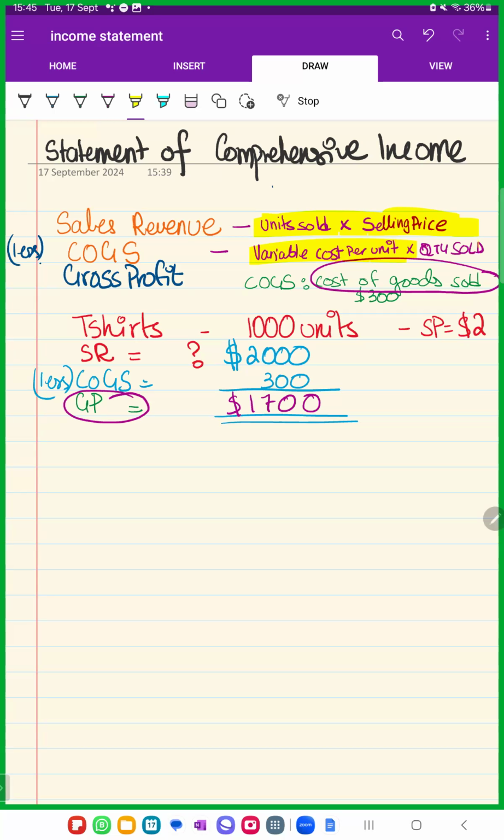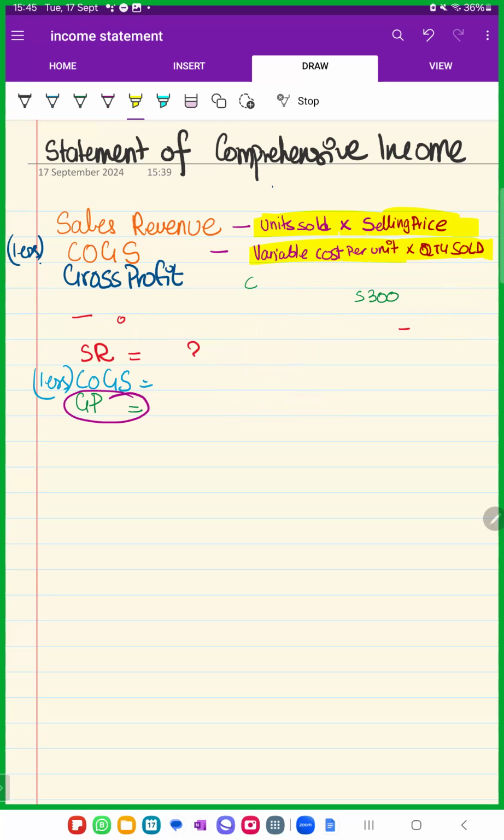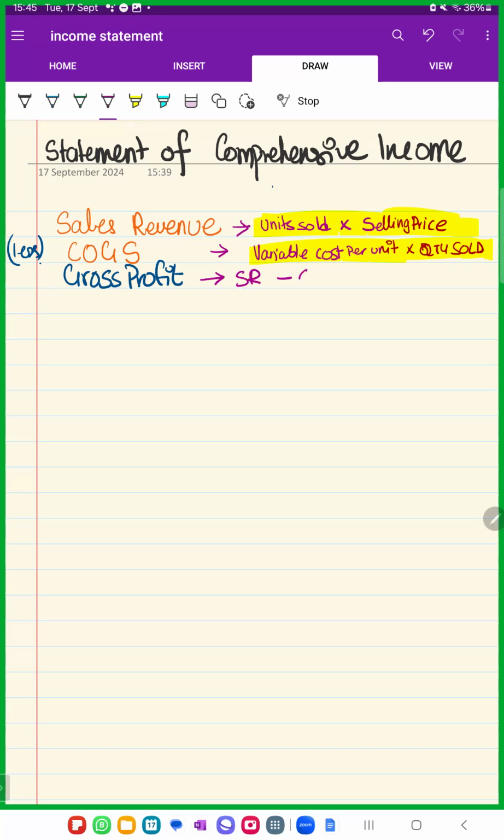I'm going to give you a more complex question here. Okay, so these are your three formulas. Clear?